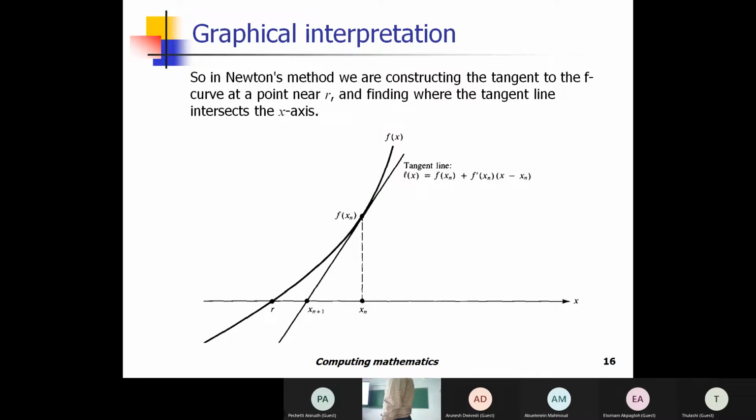The value of the derivative is the slope of the tangent line. I can draw a tangent line that passes through this point.